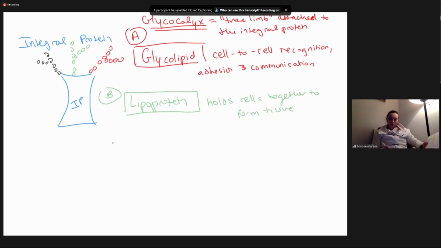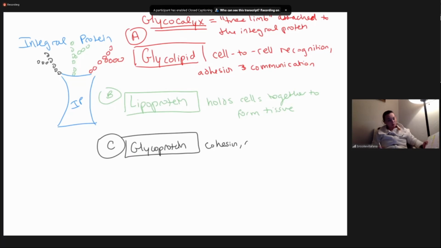But the third one, the black one we're pretending, is called the glycoprotein. And we haven't talked about glycoprotein yet. So glycoprotein, this is for cohesion, communication, reorganization.